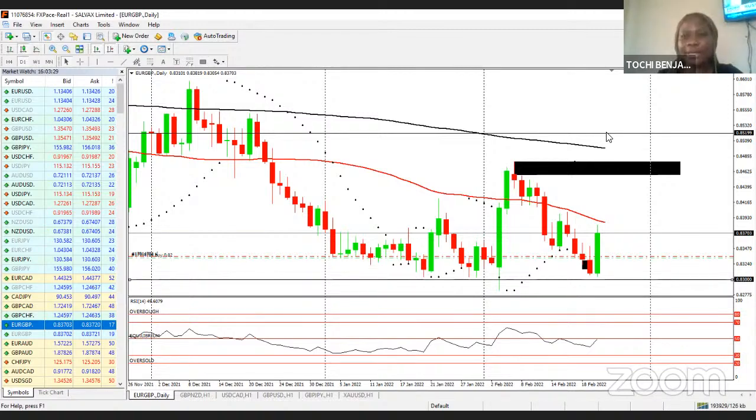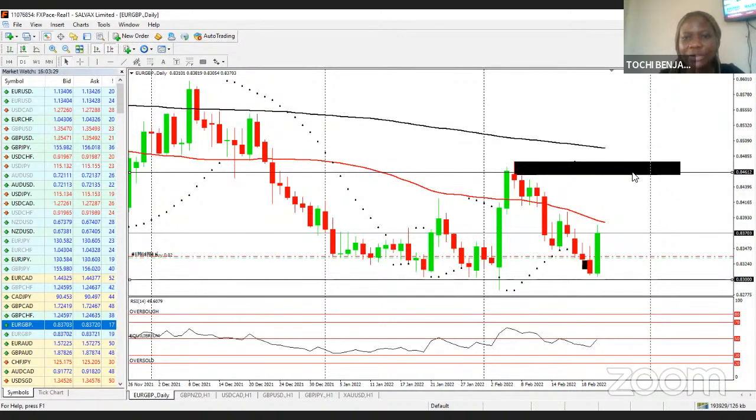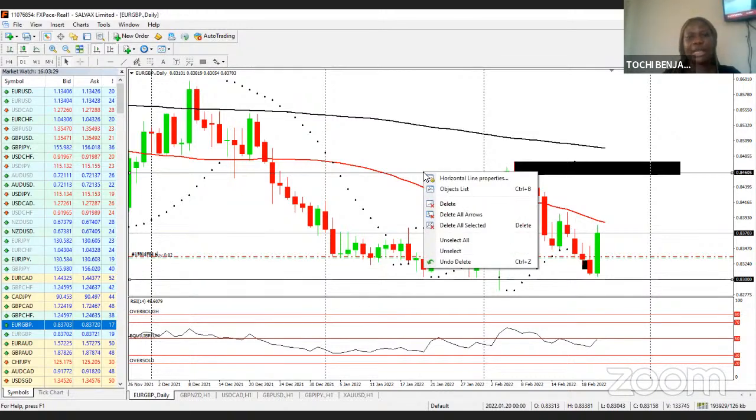So I can pick my trend line, my horizontal line, and place it anywhere around this region. Right click it, and it will give me the option to know the price at that level.